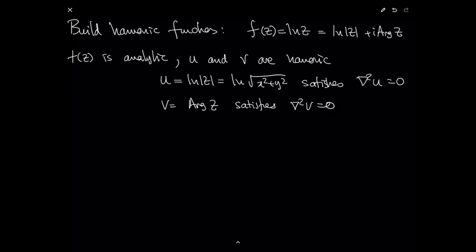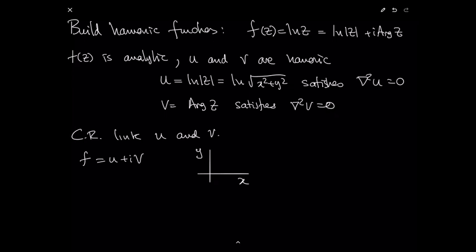Now, we see that the Cauchy-Riemann conditions link u and v in various ways. I'm going to show you another way in which this happens. Let's consider a function f equals u plus iv, okay? And this is a function on the Argand plane. And I'm going to look at the following curves.